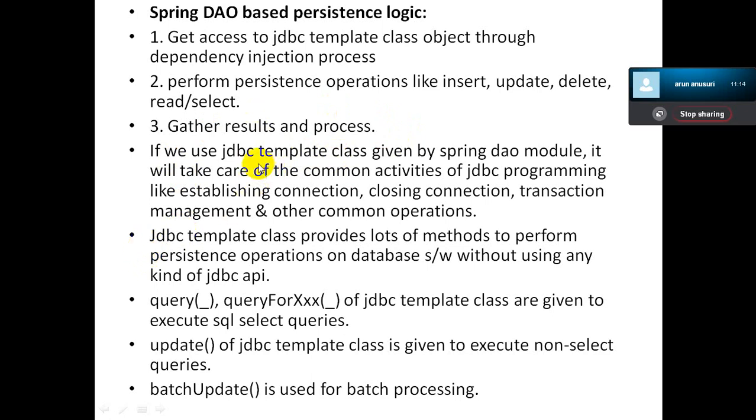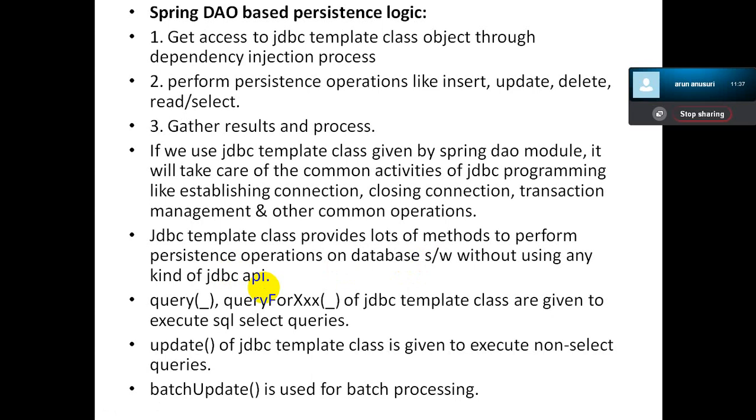In short, the JDBC template class is an abstraction over establishing connection, closing connection, transaction management, and other common operations. It provides lots of methods to perform persistence operations on database software without using any JDBC API, so we will not use any java.sql package.